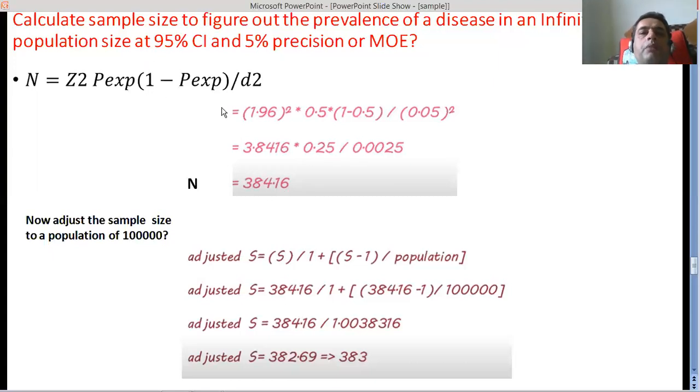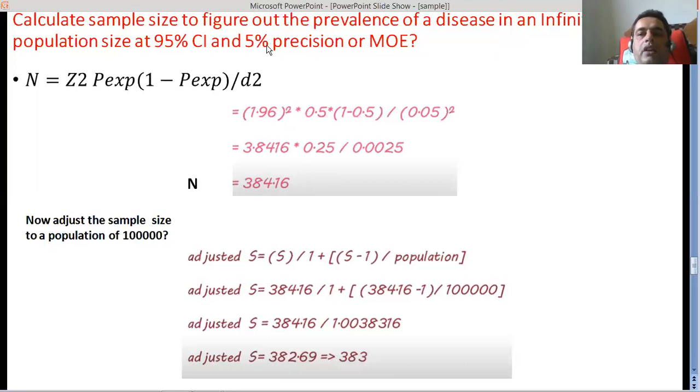Okay, so this is the first step that you do. You first describe the sample number, how many samples you require for this particular study. For the infinite population, this is 384.16. Okay, so keep these values P and D in mind. We have just used 50% or 0.5 as P and 0.05 or 5% as D, which is safe.